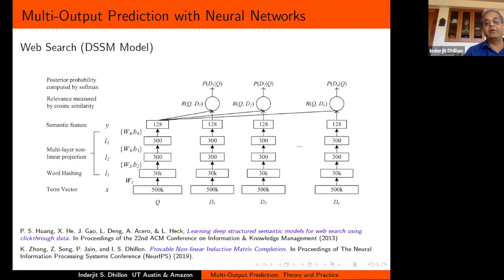So non-linear inductive matrix completion, you can give theoretical guarantees. Of course, there are some assumptions in this work. And right now it's only for one hidden layer, but with non-linearity, such as tanh and ReLU. And the next step is, can we actually give results when we have deeper networks?